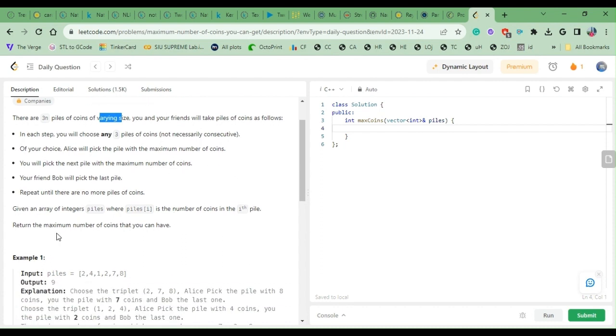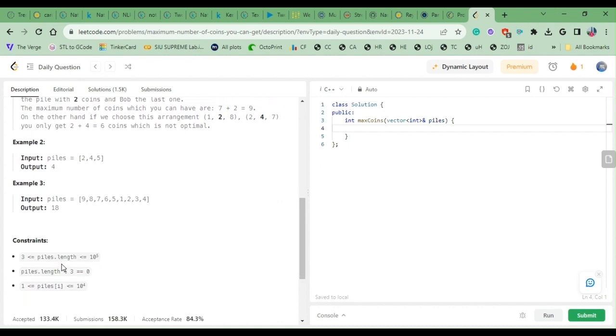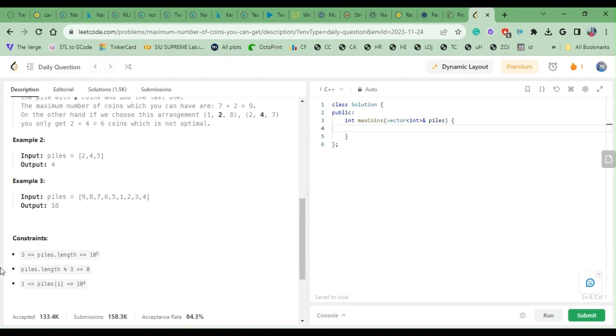Then, given an array of integers piles, where piles[i] is the number of coins in the ith pile, return the maximum number of coins that you can have. So that is example 1, example 2, example 3, and the constraints. The piles' length would be between 3 and 10 to the power 5.